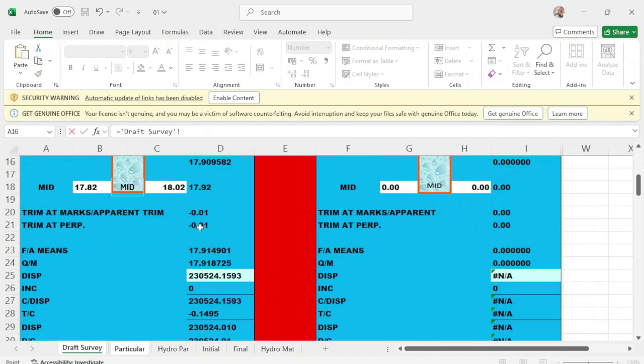This is your trim. So press your trim, multiply it again with another trim.